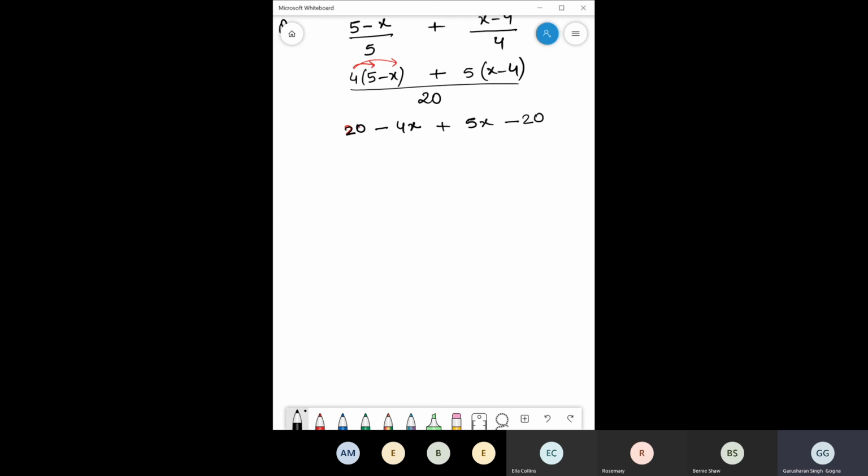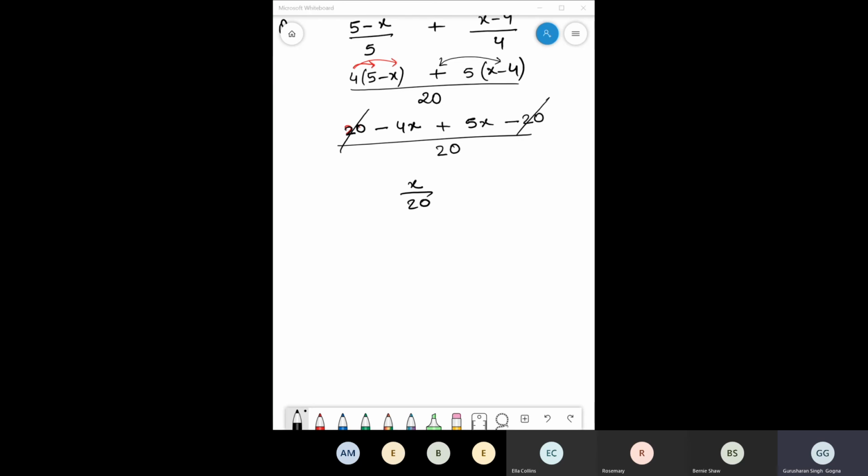So make sure you multiply signs as well. So that's plus sign, plus multiplied by minus is minus over 20. And then you just simplify. 20 minus 20 is 0. 5x minus 4x is x. So x over 20. Okay. So that's the use of LCM. If you know how to find out the LCM, you can use to solve these kind of questions.